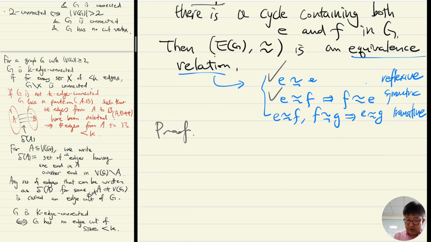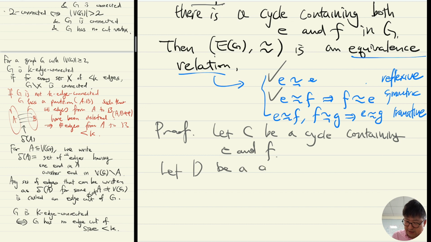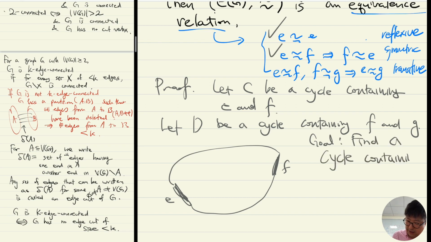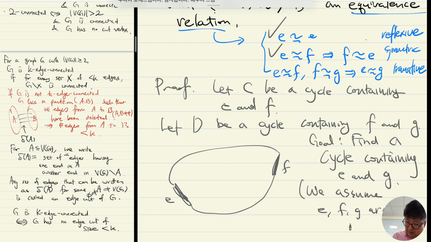All right. So let C be a cycle containing E and F, and D be a cycle containing F and G. So here you have E and F, and our goal is to find the cycle containing E and G. Oh, by the way, we assume that E, F, G are distinct, because if any two are equal, then there's nothing to show.